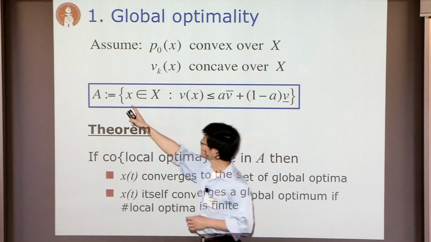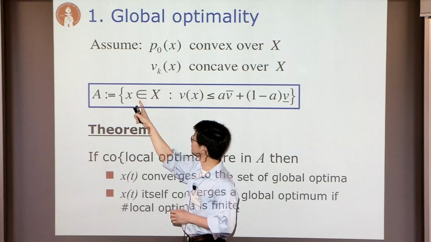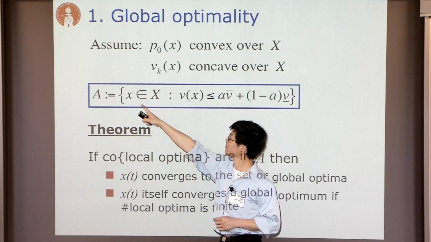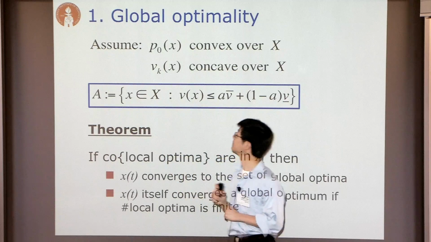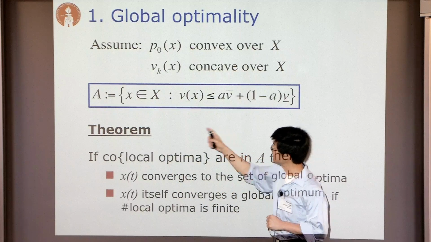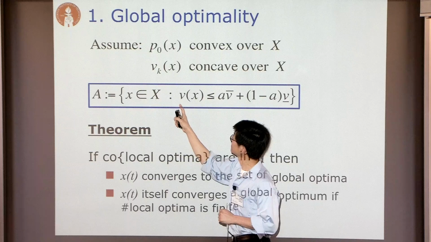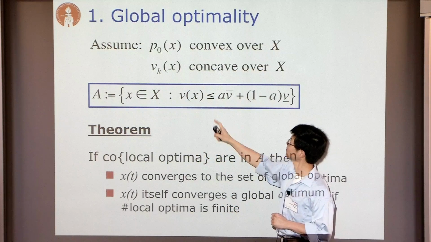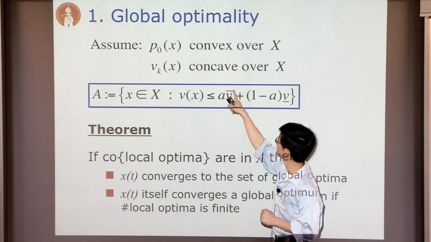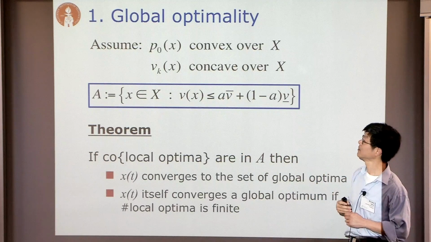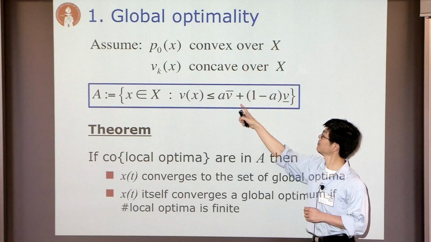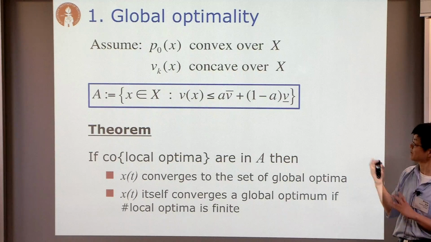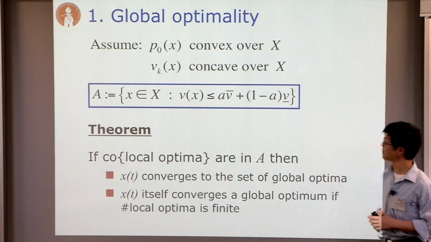And then you look at the set A. X, again, has the simple box constraint on the controllable variable X. And in that constraint, there's a voltage constraint that becomes functions of X. So the voltage upper bound is this V hat. Suppose you look at the smaller convex combination of lower and upper bound.